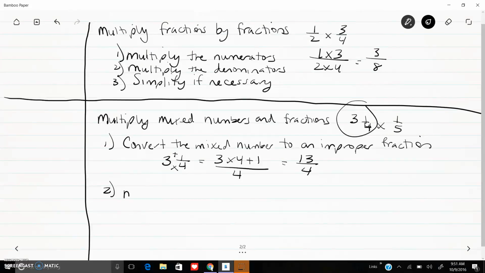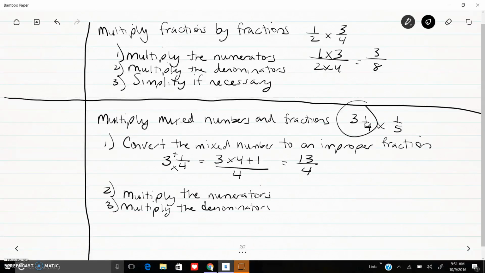Second step is to multiply the numerators. That doesn't change. And then multiply the denominators. So I have 13/4 times 1/5. So 13 times 1 is 13. 4 times 5 is 20.